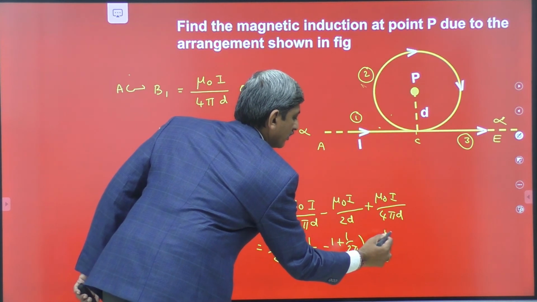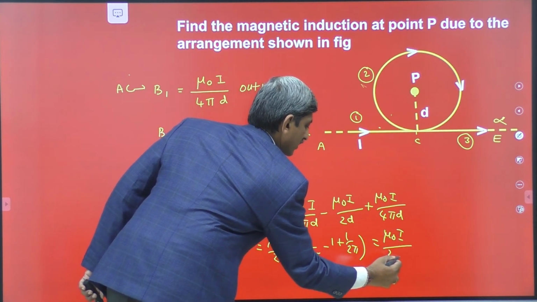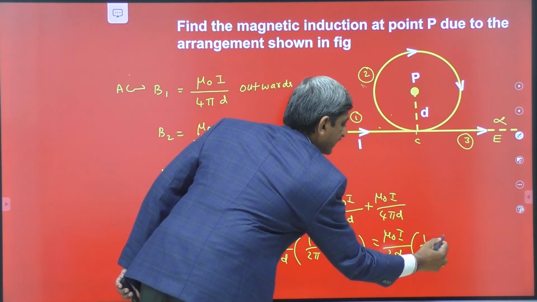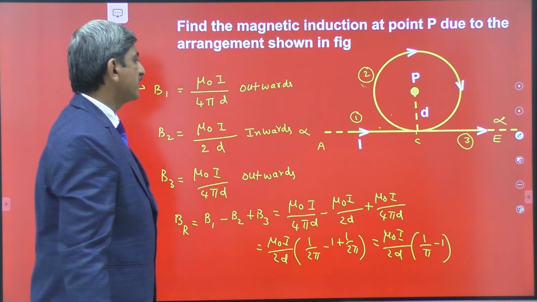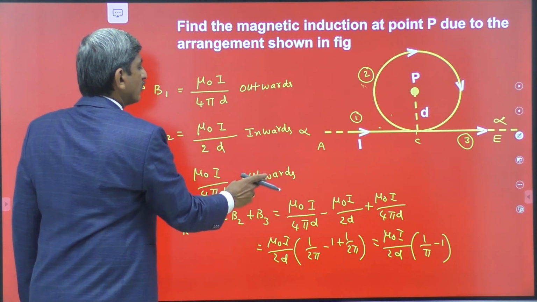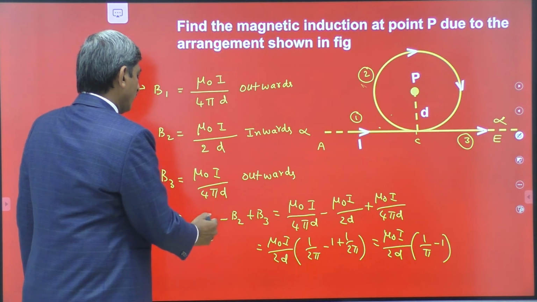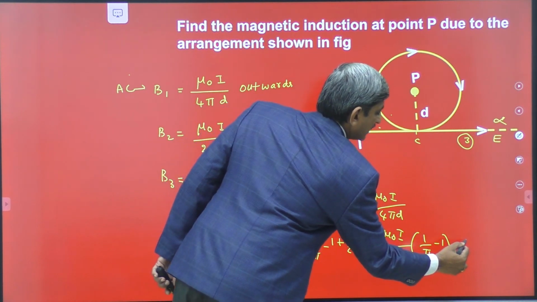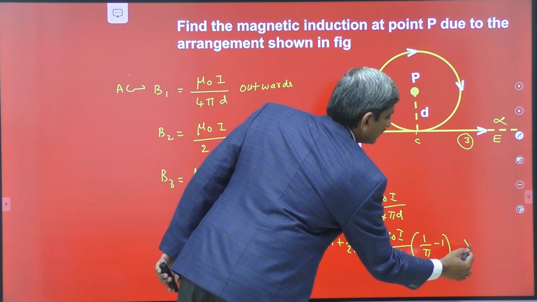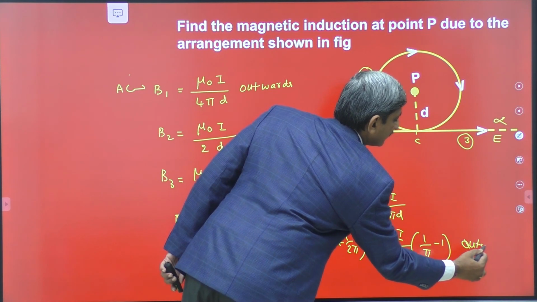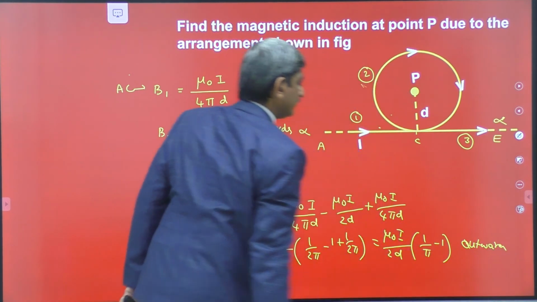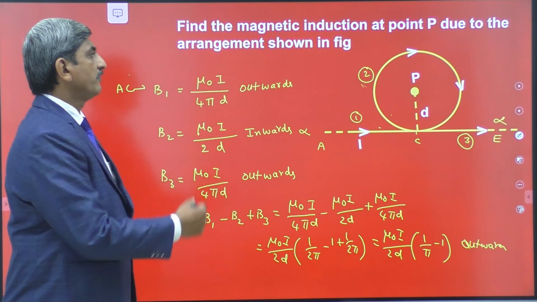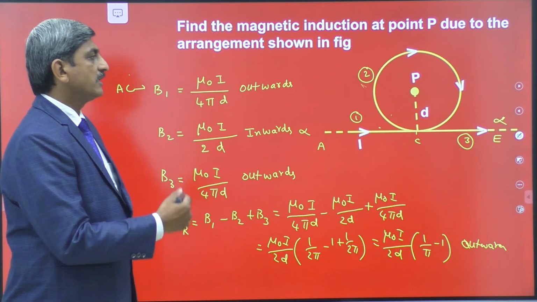This is equal to mu naught I divided by 2d into (1 by pi minus 1). What is its direction? Two are acting outwards, one is acting inwards, whereas B1, B3 are taken as positive in this case. That's why we get the resultant magnetic field which is acting outwards. Okay, this is about the combination of the field produced by the wire and the circular coil.